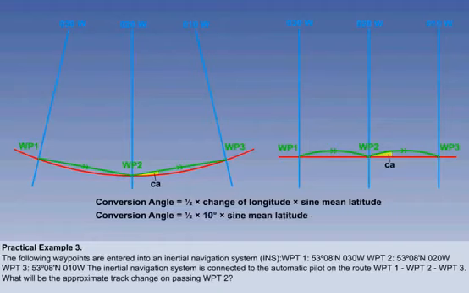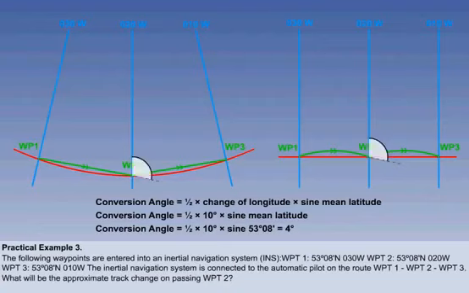Fortunately, they are both the same angle. The change of longitude on both legs is 10 degrees, and the mean latitude on each leg is 53.08 north. This gives us a conversion angle of 4 degrees in each case. So what is the Great Circle track angle immediately before the waypoint changeover?